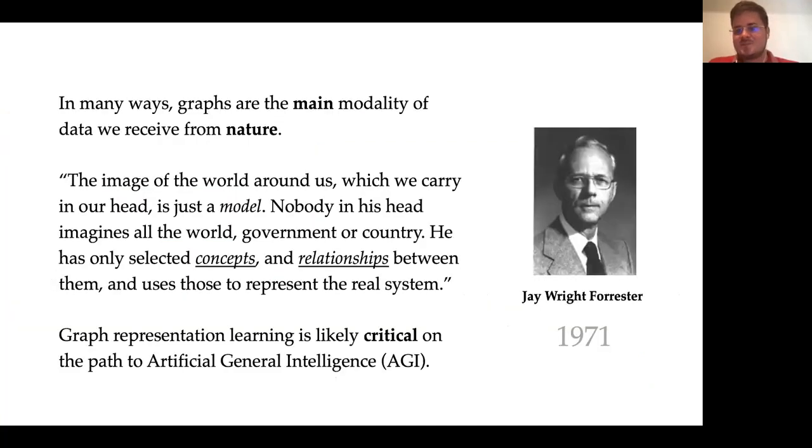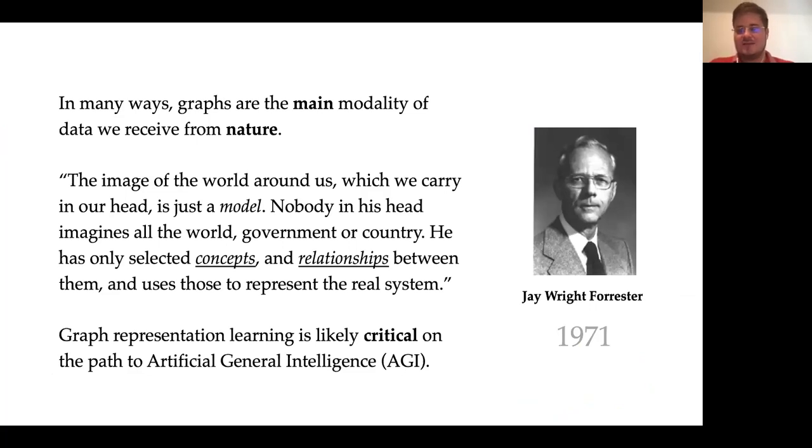And the fact that graphs occur so often naturalistically is something that has been known to us for a very long time. In fact, here I have a quote from J. Wright Forrester from the 1970s, where he says that all of the image of the world we see around us, which we carry in our head, is nothing but a model. What this model is usually assumed to be is a bunch of concepts and relationships between them, and based on that, we represent our entire knowledge about the world.